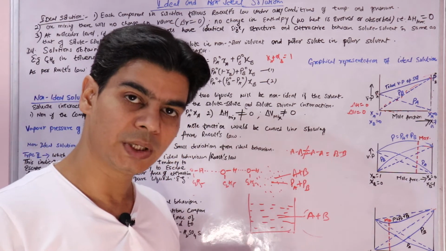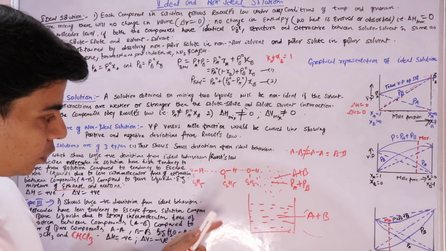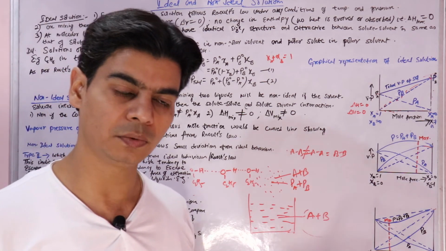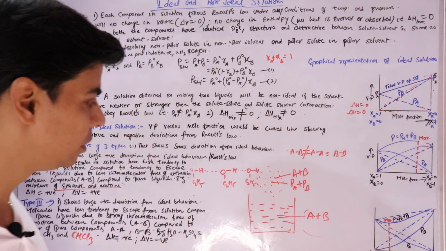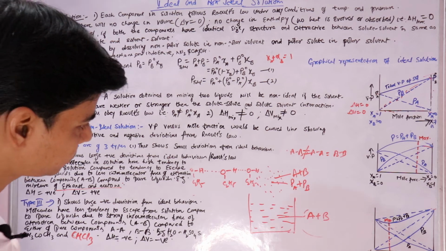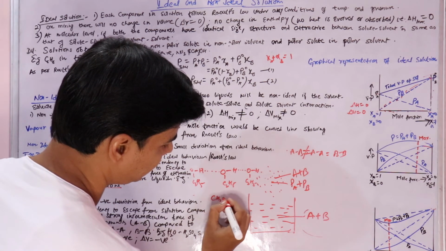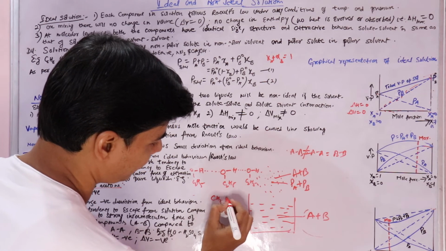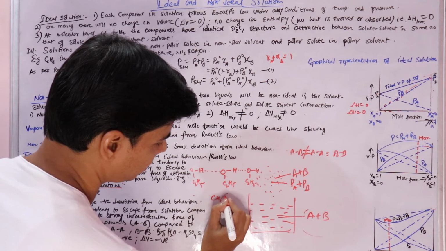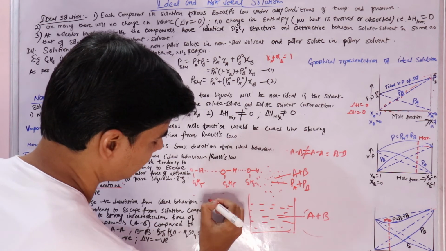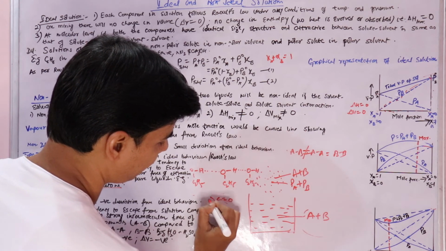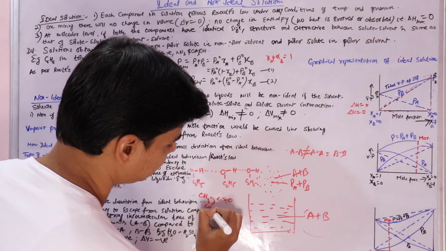Now we say that a solution of acetone in ethanol is a non-ideal solution. Let's see what will happen when we introduce acetone in this. We know that acetone is CH3COCH3.